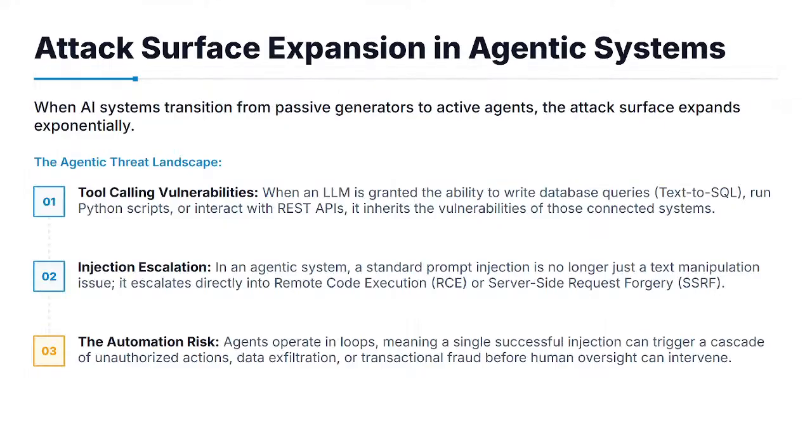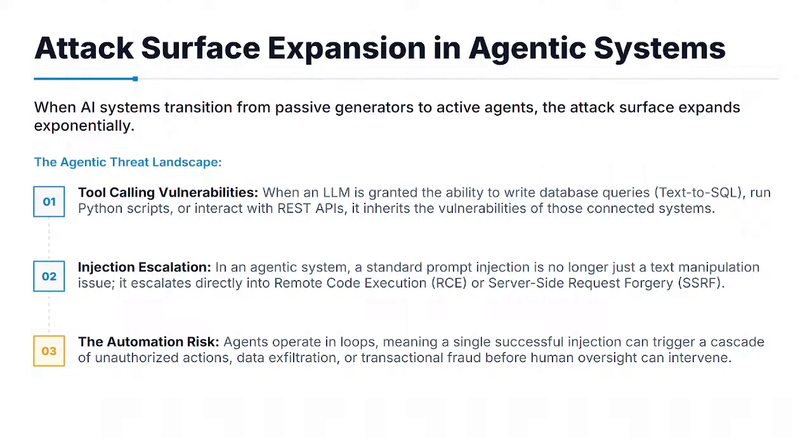So, okay, attack surface expansion in agentic systems, where we have AI transitioning from passive generation to being active agents, thereby expanding the attack surface for us as security analysts, where we have tools calling out vulnerabilities from the examples that we gave.